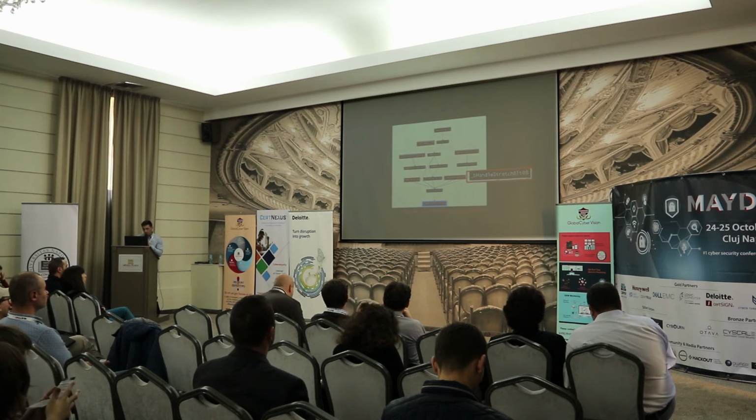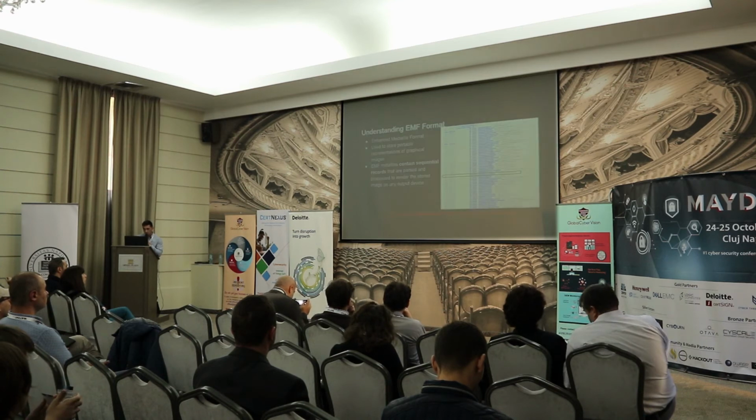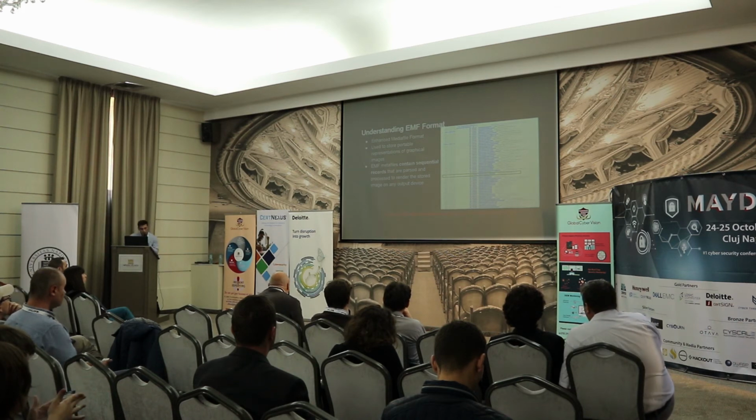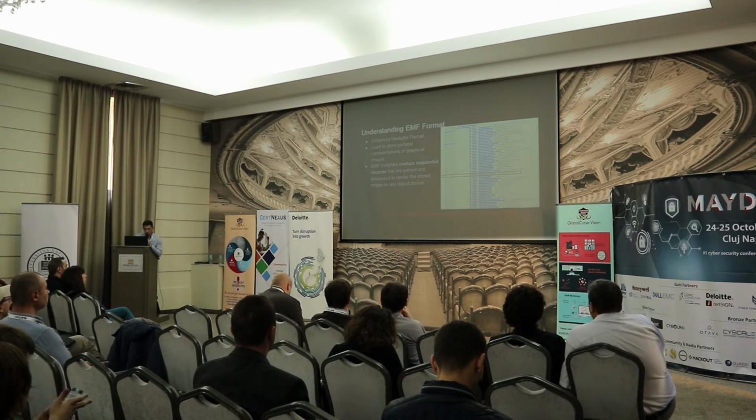But in order to understand how we can trigger this operation, HandleBlt, we have to understand a little bit about the EMF format. The EMF format is a proprietary Microsoft Windows format. An EMF file consists of a chain of different records, and this chain of records allows us to represent a graphical image.